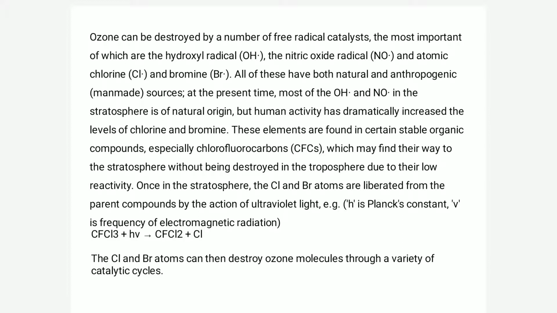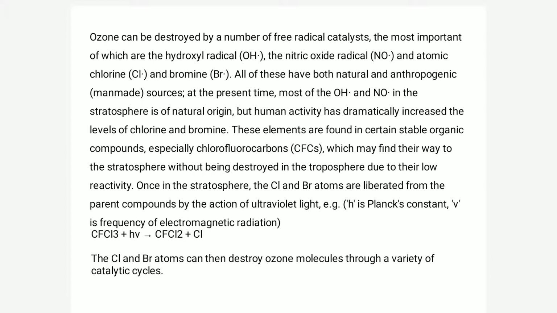All these have both natural and anthropogenic sources. At the present time, most of the OH radical and NO radical in the stratosphere is of natural origin, but human activity has dramatically increased the levels of chlorine and bromine.